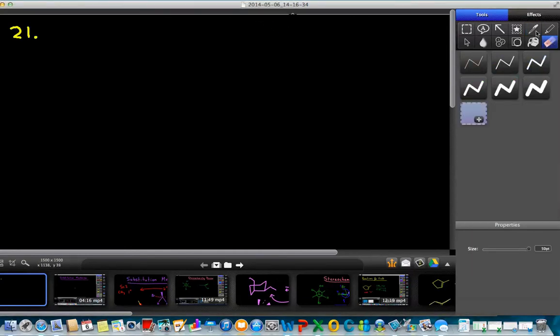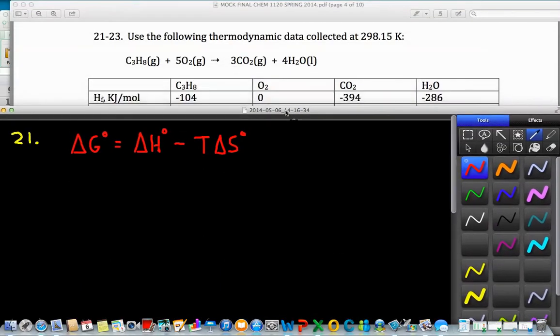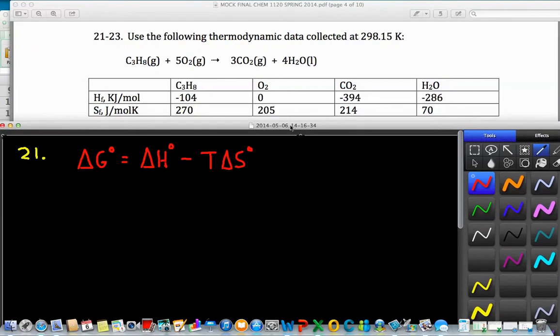delta G of the reaction is the linear combination of the delta H of the reaction minus T delta S. So looking at our thermodynamic data, the delta H of the reaction is going to be equal to the H of formation of the products.